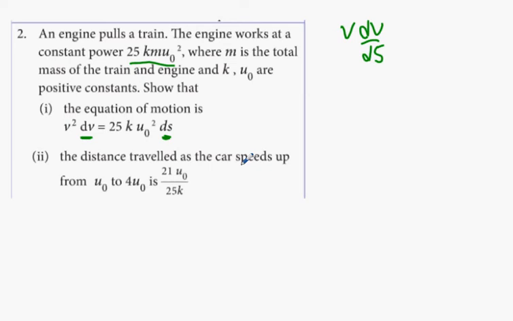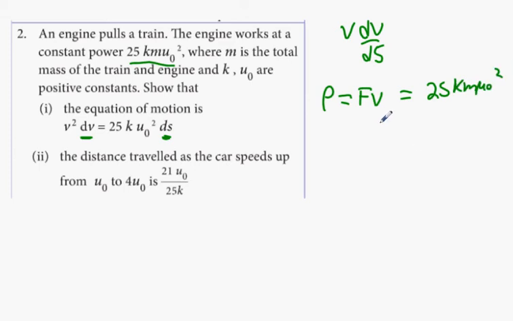Then we're going to go for P equals Fv. Your power output equals your force times the velocity you're going at. Now, what we're going to say is that equals 25 k mu squared.